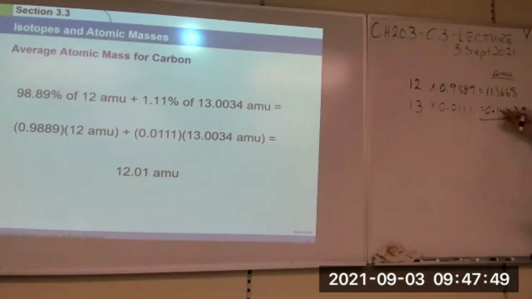So if you add, this is the contribution from that isotope, this is the contribution from that isotope, and then we just add them: atomic mass units for naturally occurring carbon, taking into account the relative abundance of each isotope. 12.01 rounded off to 2 decimal places. That's where those values come from.